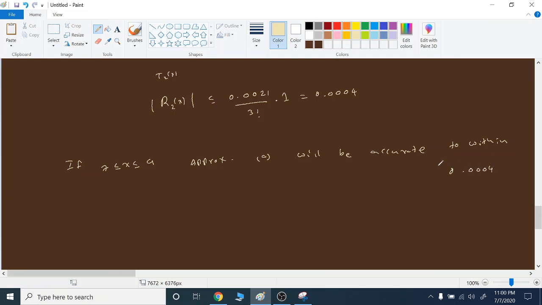That means the maximum error that it can cause is this much, right? So it's a pretty nice accuracy that we have achieved, right? Because it's accurate up to the first 3 decimal points, which is a good number, right?